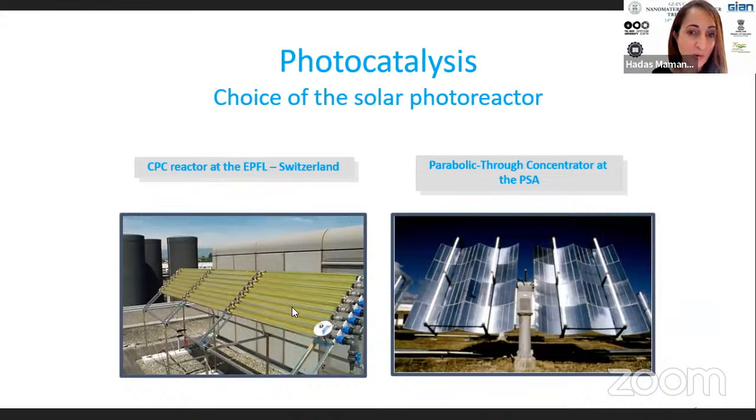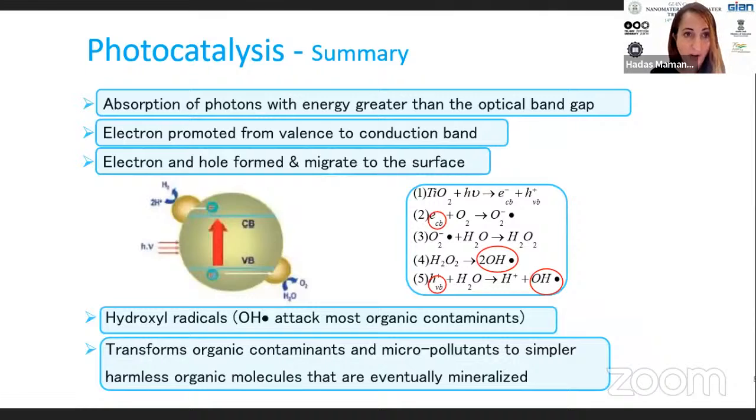For example, here in Switzerland, they designed a CPC type of reactor, and here in this image we have a parabolic trough concentrator. So the choice of the solar reactor is also very important for photocatalysis.